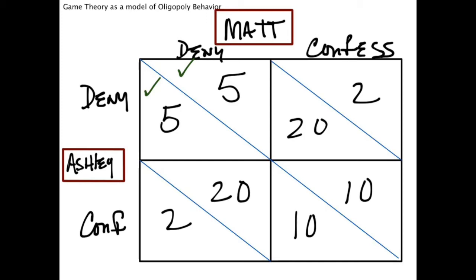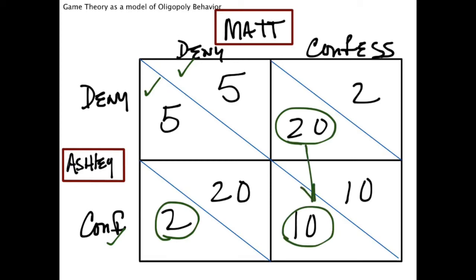What if Ashley denies but Matt confesses? Then Ashley's going to get 20 years. That's kind of suspect. You definitely have to roll the dice a little bit, but what you also know is that Matt knows exactly what you know. So if Ashley were to confess, she's either going to get 2 years or 10.